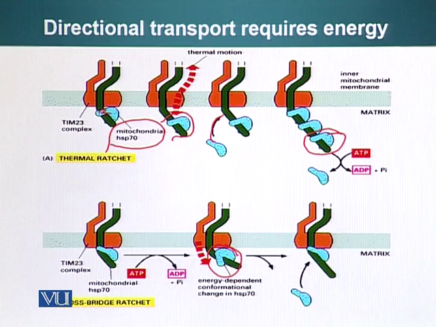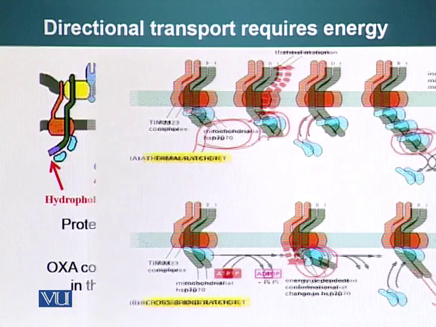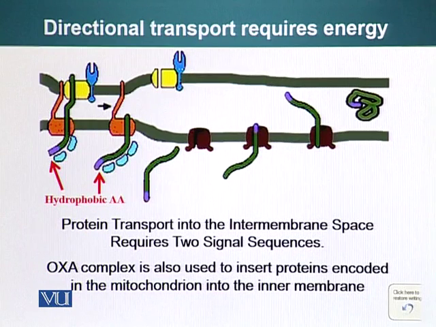So it is pulling the protein through this pore, and the process keeps on repeating till the whole protein has moved into the matrix part of the mitochondria. So we have seen two models which allow this protein to enter into the mitochondrial matrix.